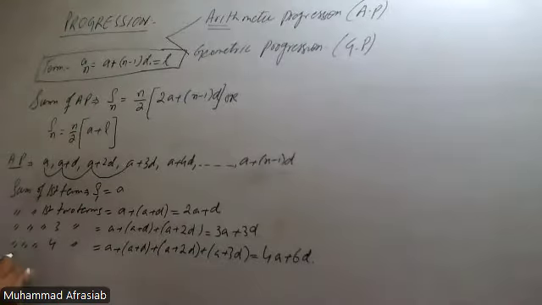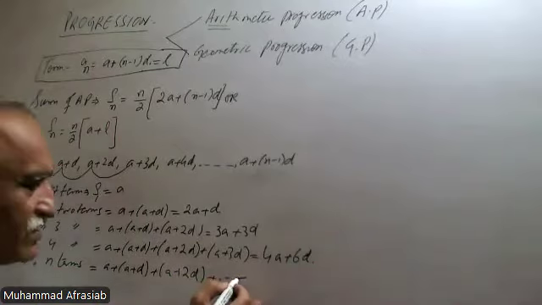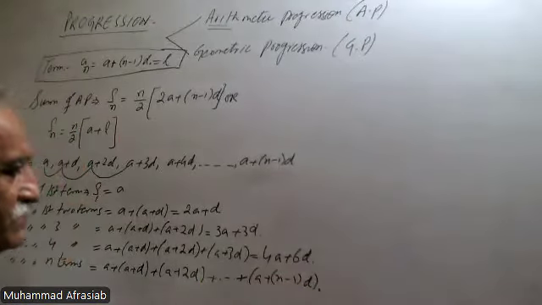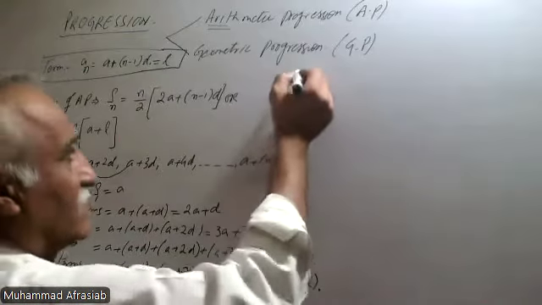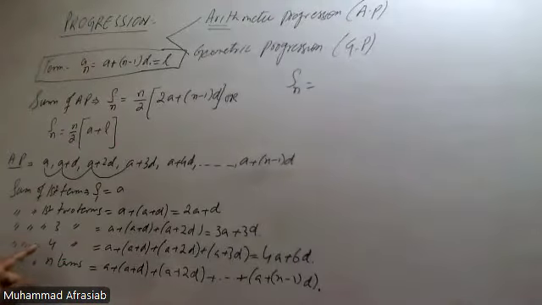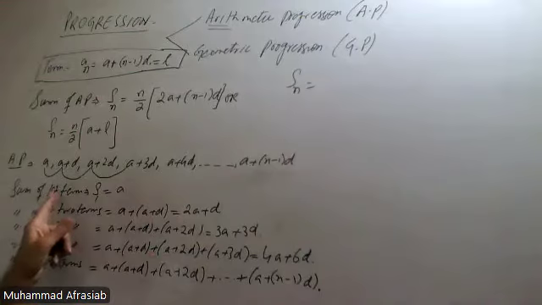Similarly, we can find the sum of the first n terms, which is a plus (a plus d) plus (a plus 2d) up to a plus (n minus 1)d. So we can write it like this: Sn. For four terms it is 4a, for three terms it is 3a, for two terms it is 2a, for the first term it is a.